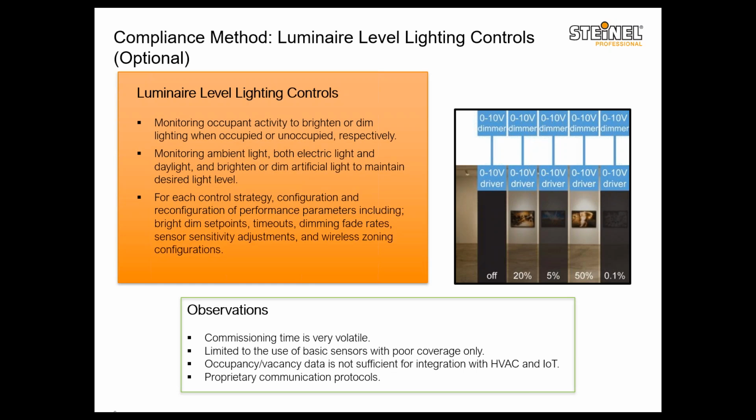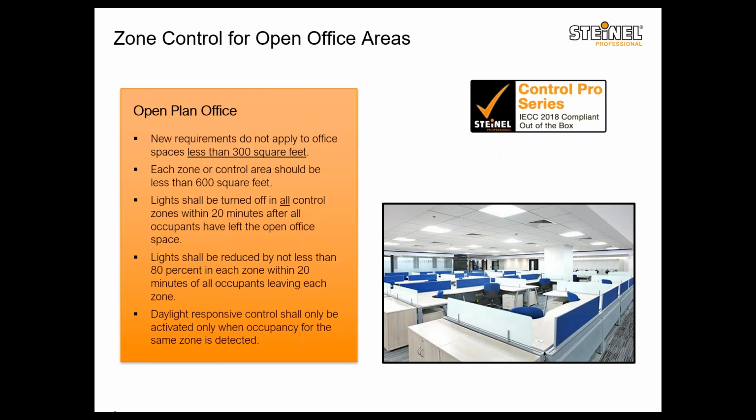Of course, every project is different. The new thing that has been introduced in the code, which is quite interesting and quite applicable to a lot of the projects that come our way, is the new requirements for open office areas. Before, there was no distinction between different sizes of open office areas.